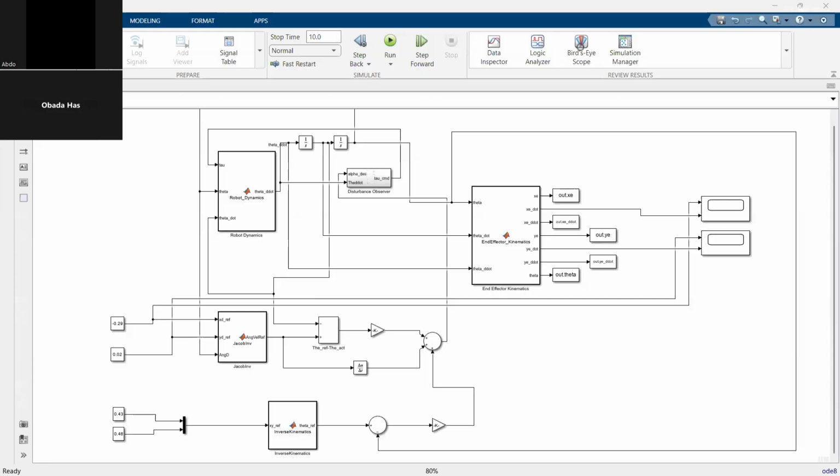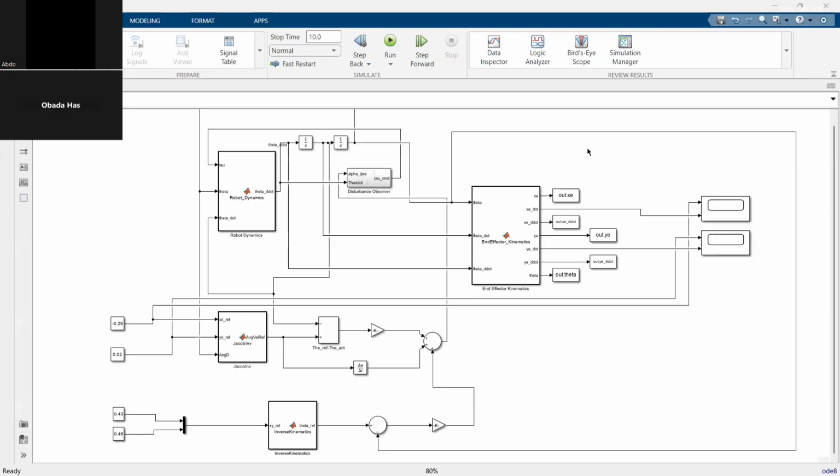Hello, my name is Obada Hashish, and I'm going to explain problem 3. The goal is to control the end-effector velocity. The desired velocity is minus 0.29 meter per second in the x direction and 0.02 meter per second in the y direction.